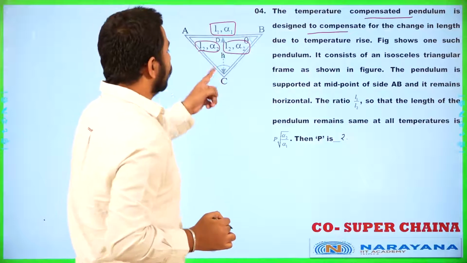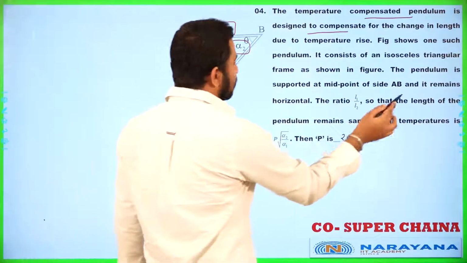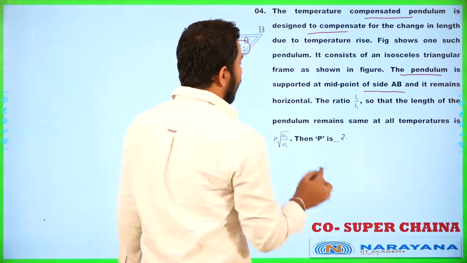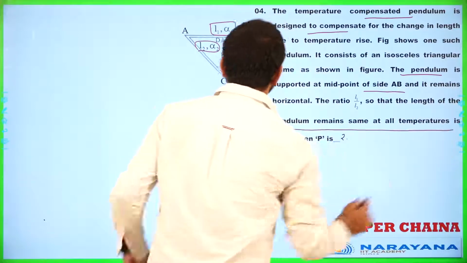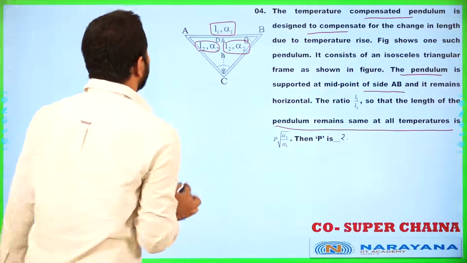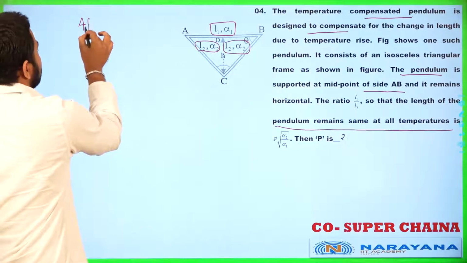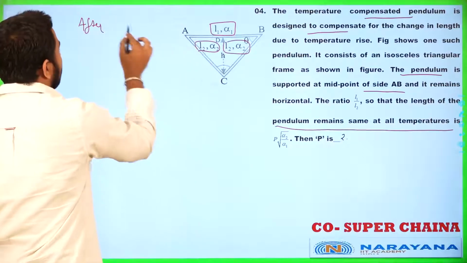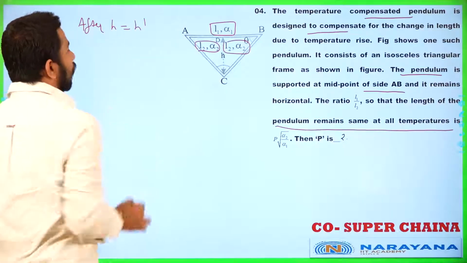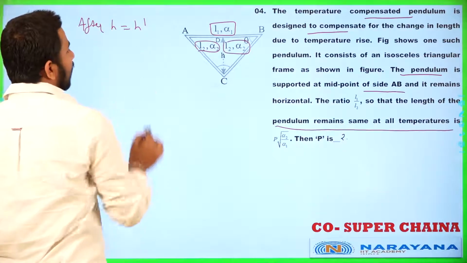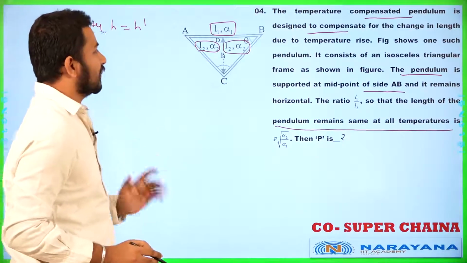What else is given in the question: the pendulum is supported by side AB, and when we increase the temperature, this height remains the same. So initially this height h, after some time h dash, on increasing the temperature will remain the same. H dash is with the rise of temperature. So h and h dash are the same here.